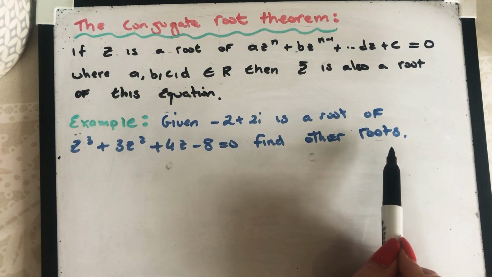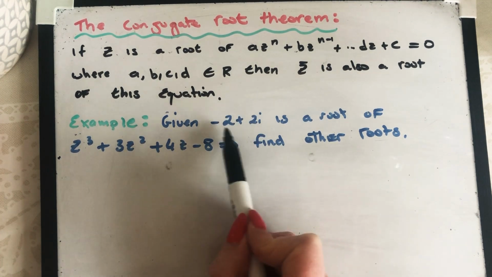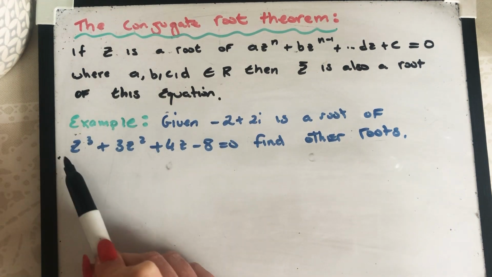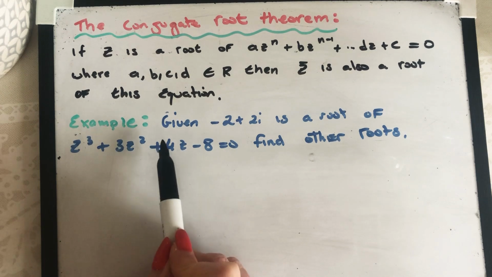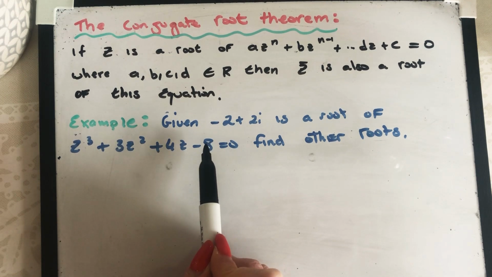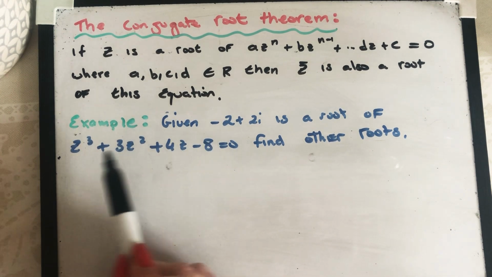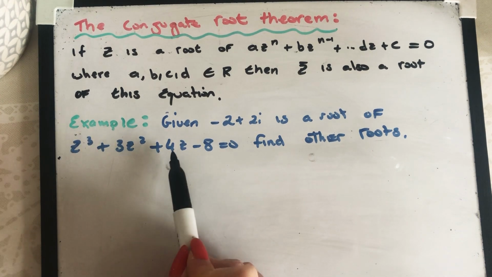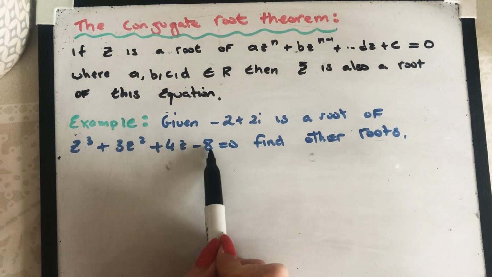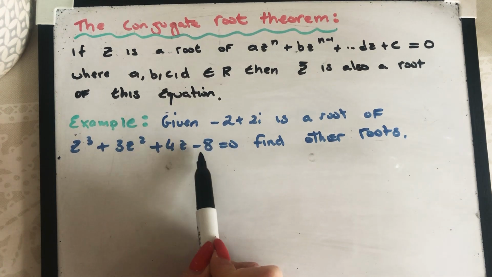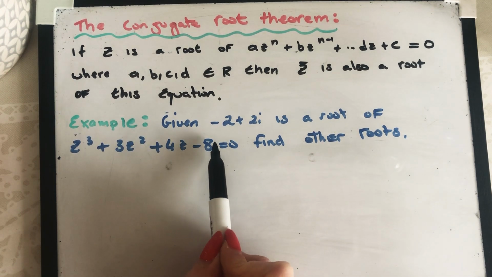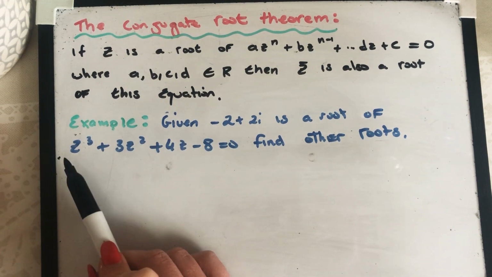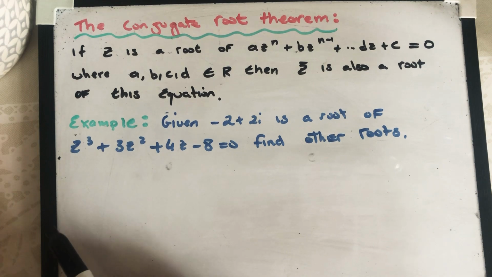Well, the conjugate root theorem tells us that the conjugate of this root is also a root of this cubic if the numbers a, b, c and d are real numbers. In this case, a would be 1, b would be 3, c would be 4, and d, the constant, is minus 8, and minus 8, 4, 3 and 1 are all elements of the real numbers.